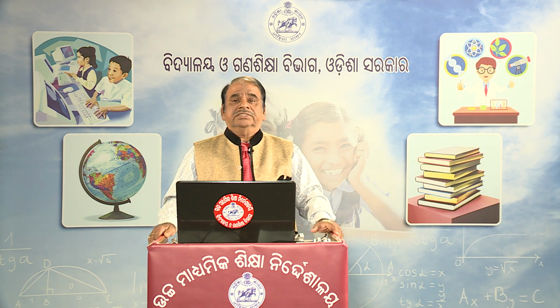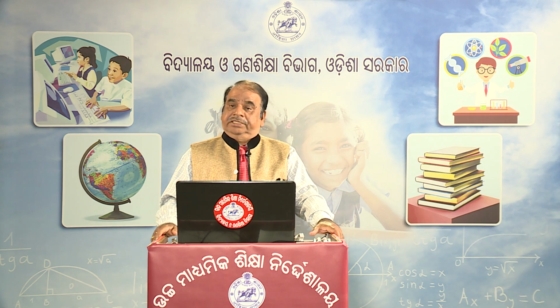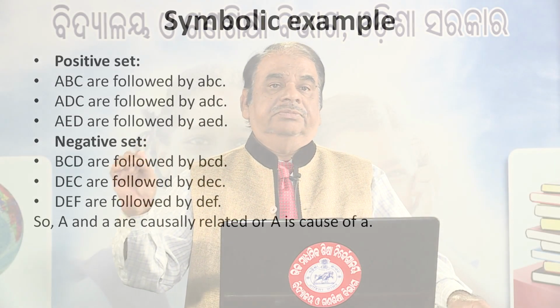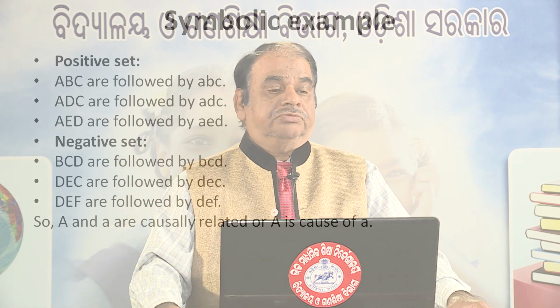The symbolic example will be given with the help of two shades, that is, the positive shade and the negative shade, and it can be given in this manner: ABC is followed by abc, where capital ABC represents the factors of the antecedent side, and small abc symbolizes the factors of the consequent side.